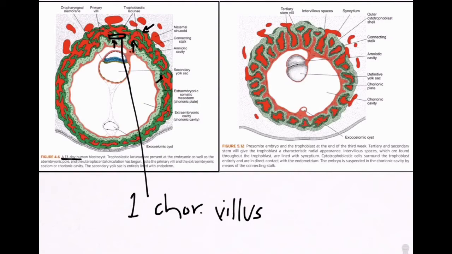So, by the time we reach the end of the third week, somewhere around day 21, look at what the structure is looking like. So now you've got an outer dark green portion, on either side of which is the red intervillus space. The lacunae can just be known as intervillus spaces now, and they're filled with maternal blood.